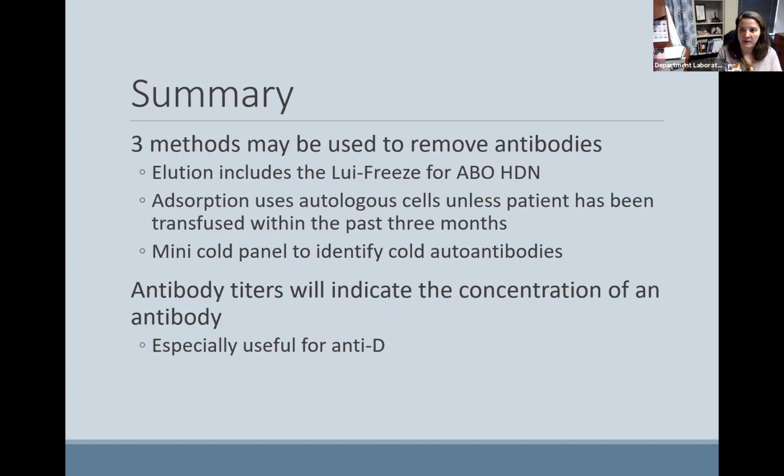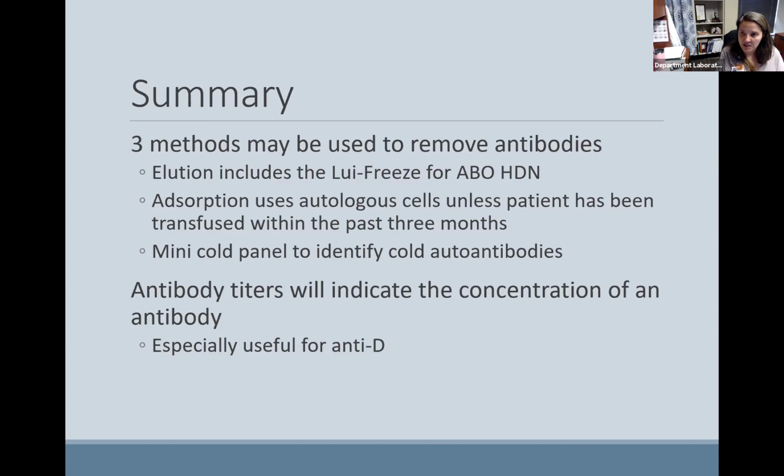And I do want to make one thing clear. I don't know if this has been mentioned up until this point. We've talked about phenotyping. When you phenotype a patient, you are determining the antigenic profile of those cells, so you're determining if the antigen is positive or negative.